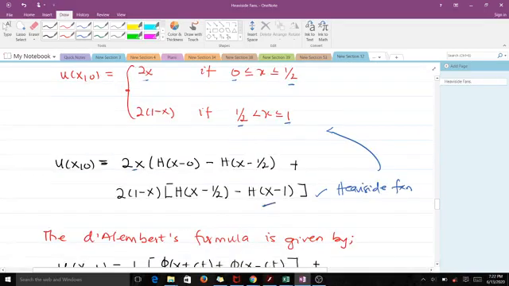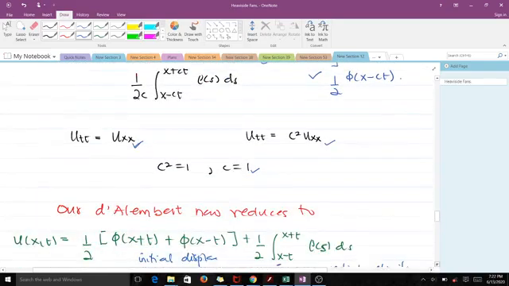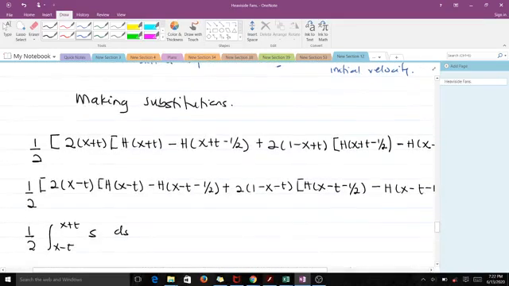So when you make the substitution, for the part where we have x plus t, wherever you find x here, you put x plus t there. For the place where you have x minus t, wherever you find x in this particular thing, you put x minus t there. So making the substitution is going to give us what we have here. You can see we have 1 over 2 times, instead of x, we put x plus t.